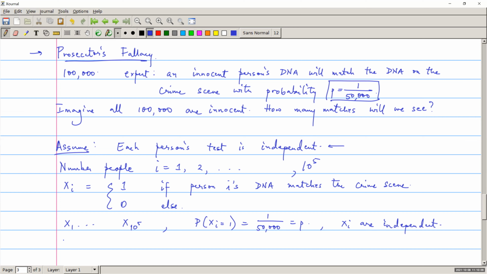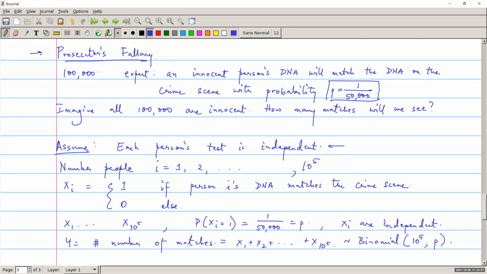And Y is the number of matches. Y is simply X1 plus X2 and so on, and so Y is actually a binomial random variable with 100,000 trials, and p is 1 over 50,000. So under the independence assumption, the number of matches is a random variable.